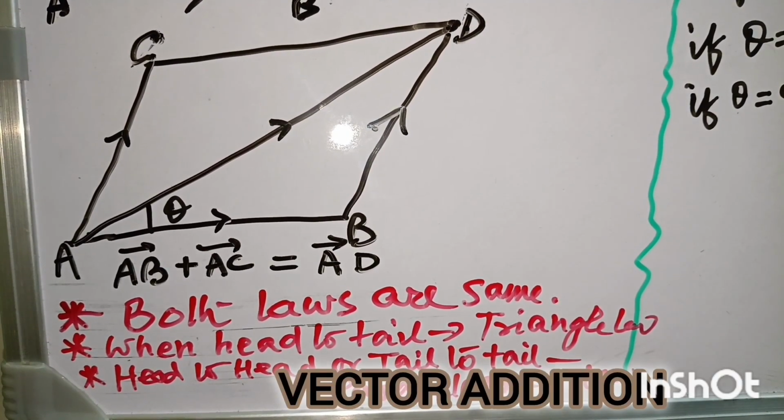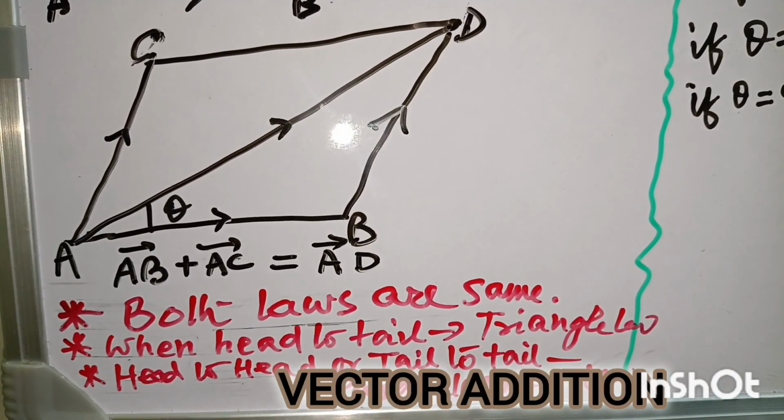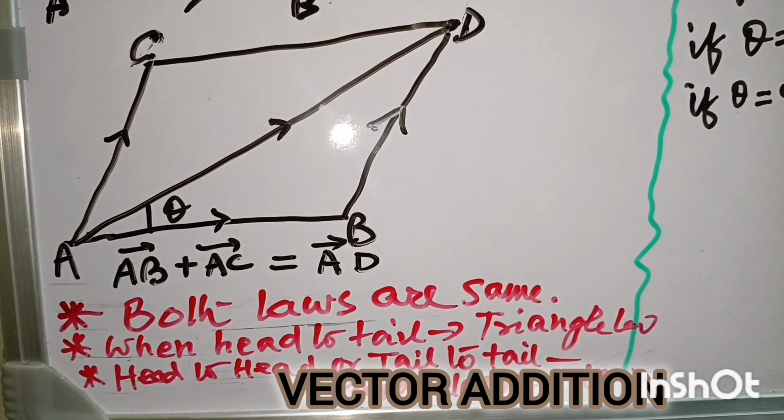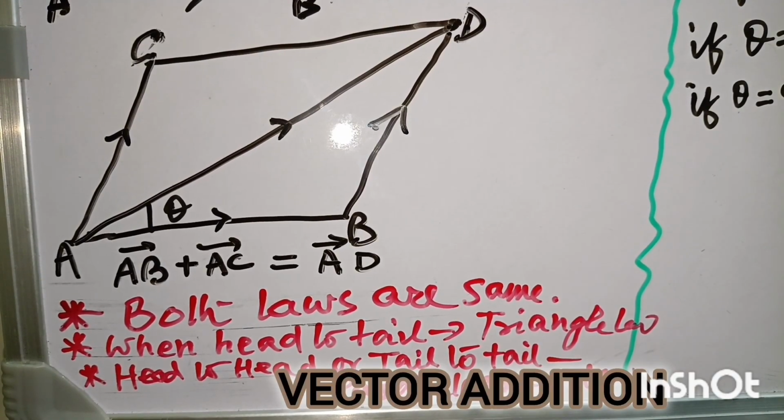AC and BD are parallel and equal, so if a vector is represented by BD, it will be equal to vector AC. By triangle law, AB plus BD is AD, and BD is equal to AC, so AB plus AC is also AD.